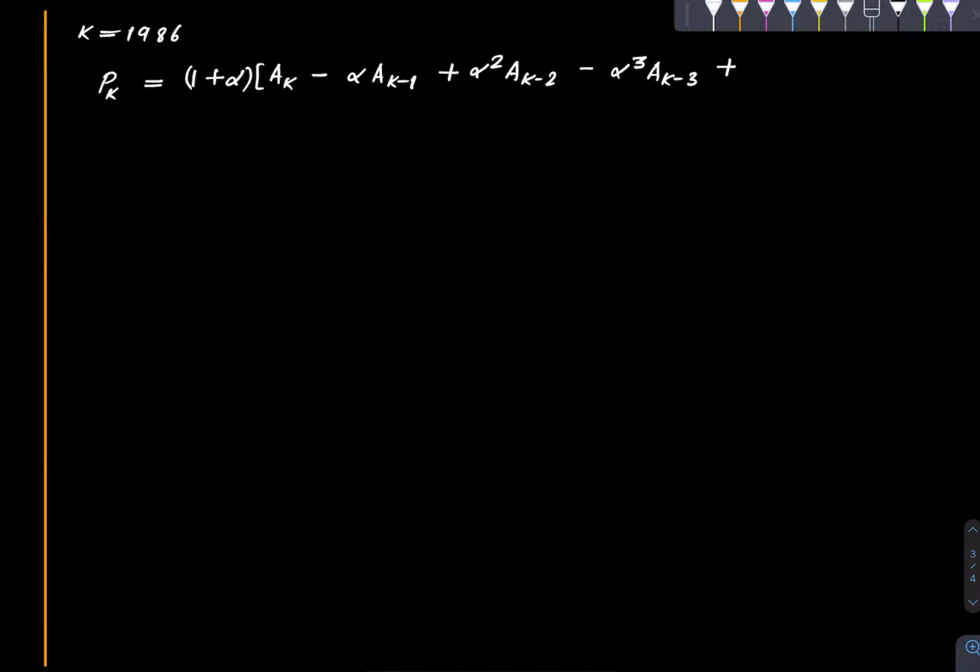So the signs will alternately become minus, plus, minus, plus, and the exponents will increase. So here alpha to the power 0, then alpha to the power 1, alpha squared, and so on. So this will go up to wherever it will go up to. So that's what it is.